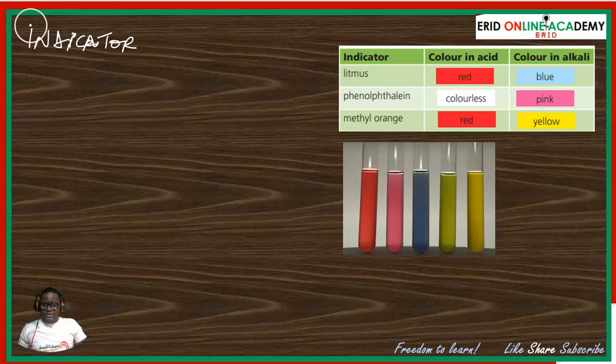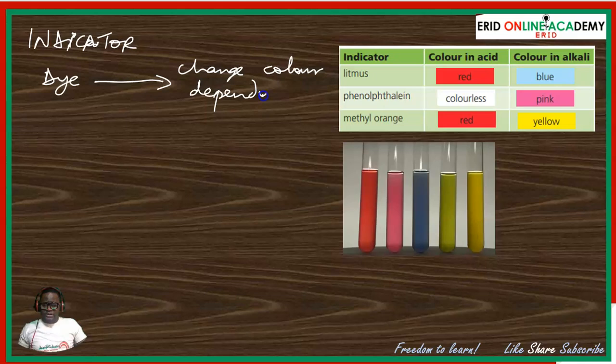Indicators themselves are usually dyes. What makes them indicators is that they have the capacity to change their color depending on the pH of the substance or of the solution in which they are dipped.